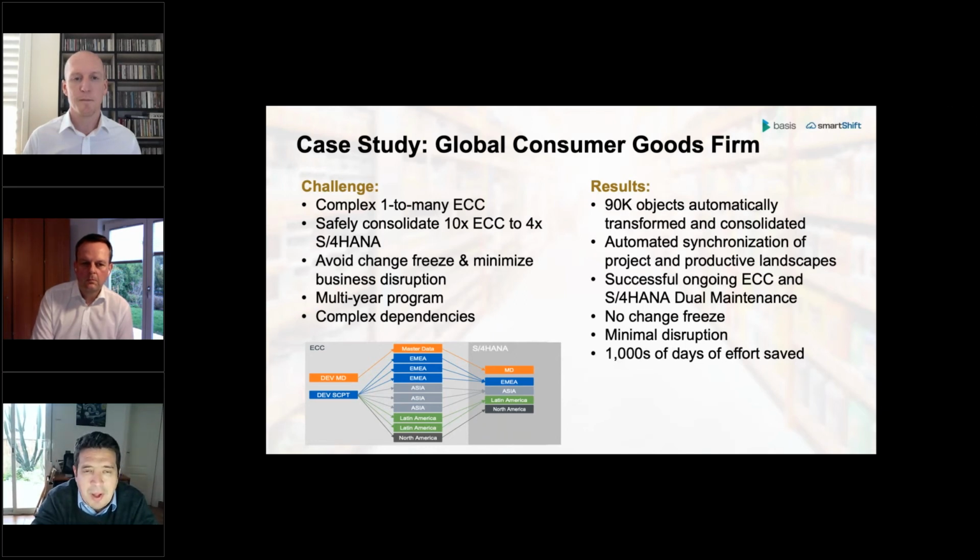Now, what that meant was the overall duration of the transformation was by nature extended because it wasn't a single landscape that was being converted, it was multiple.